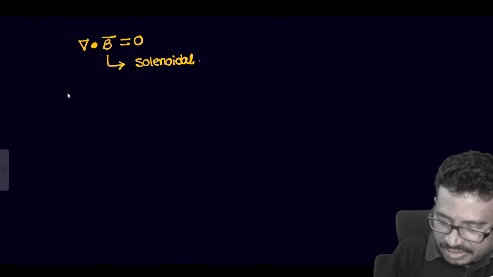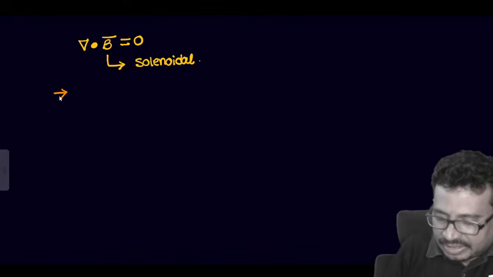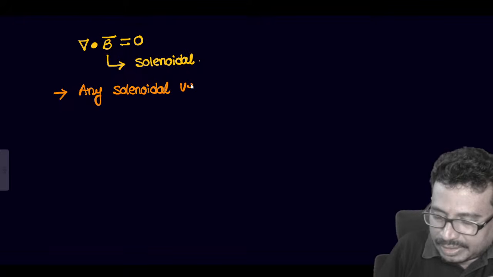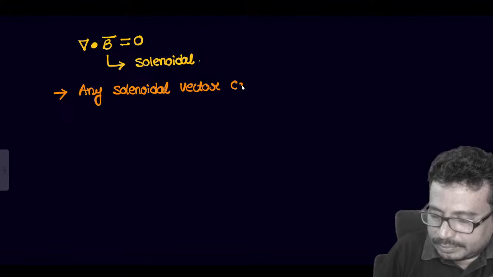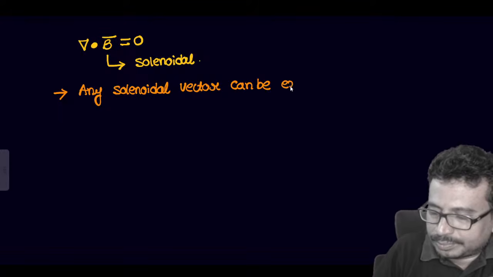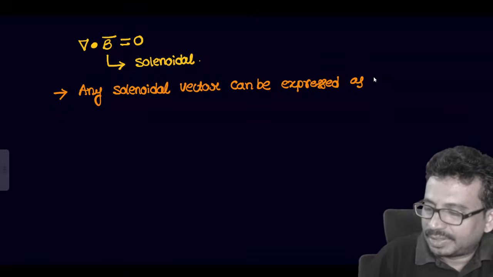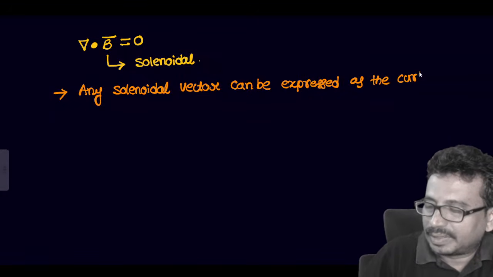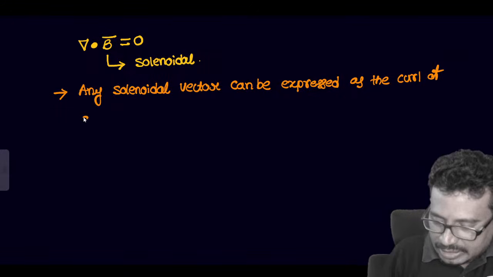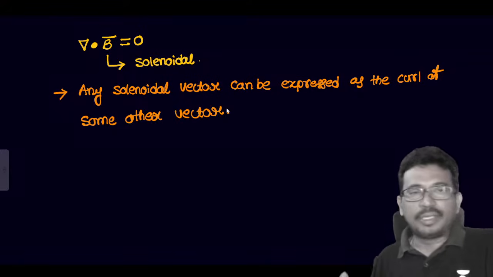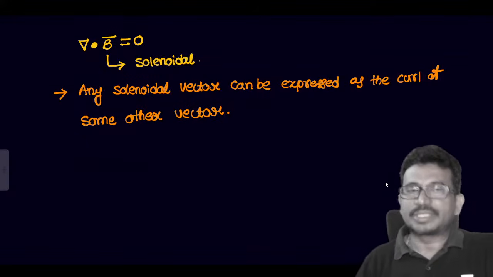Any solenoidal vector can be expressed as the curl of some other vector.